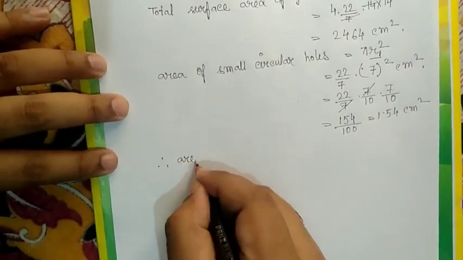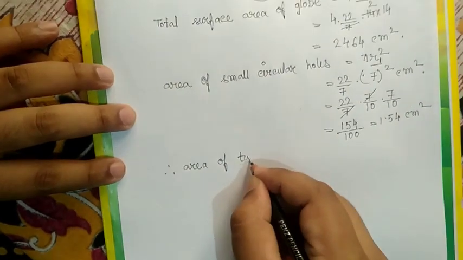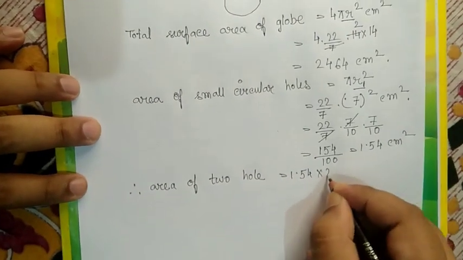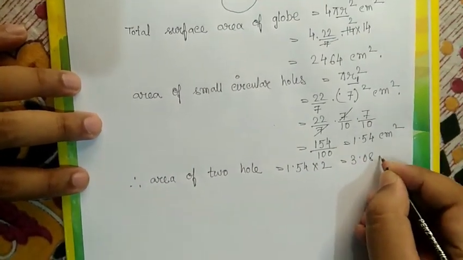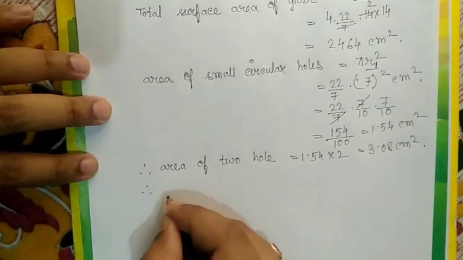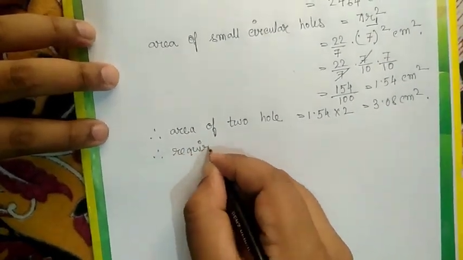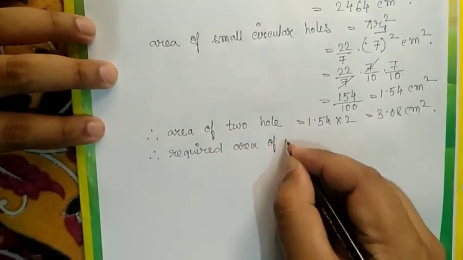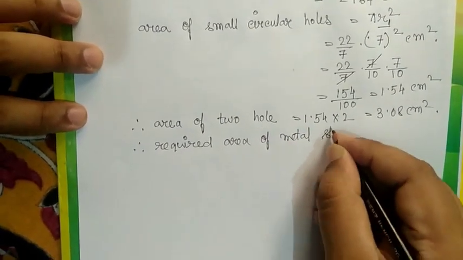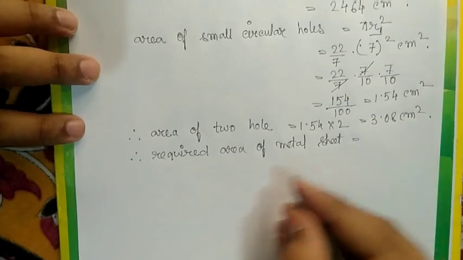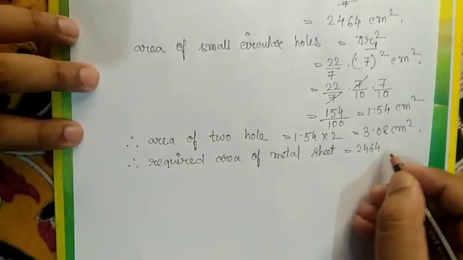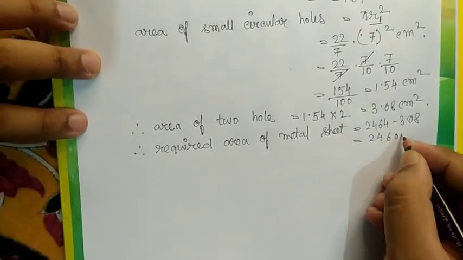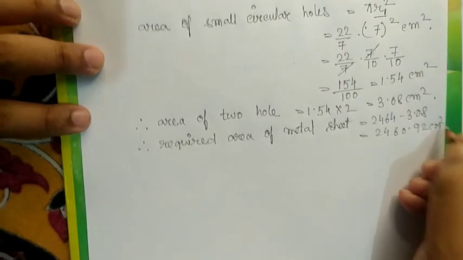Therefore area of two holes: 1.54 into 2 equal to 3.08 centimeter square. So therefore required area of metal sheet equal to 2464 minus 3.08 equal to 2460.92 centimeter square.